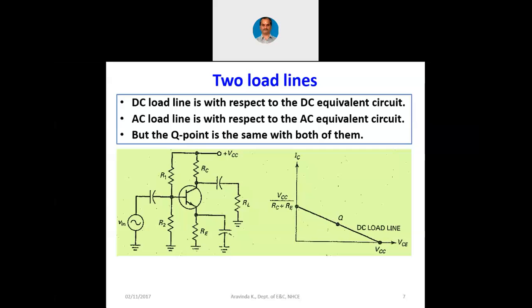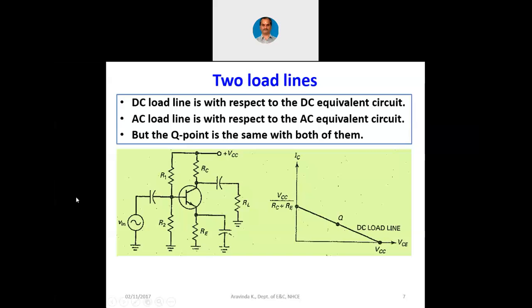Actually, we are using this amplifier for AC power only, so naturally it is a good idea to plot a load line with respect to AC circuit also. But then how do we say the Q point is the same with both of them? Because the Q point is the one which we are setting, and these two lines will be intersecting there. I will show you that in the next slide.